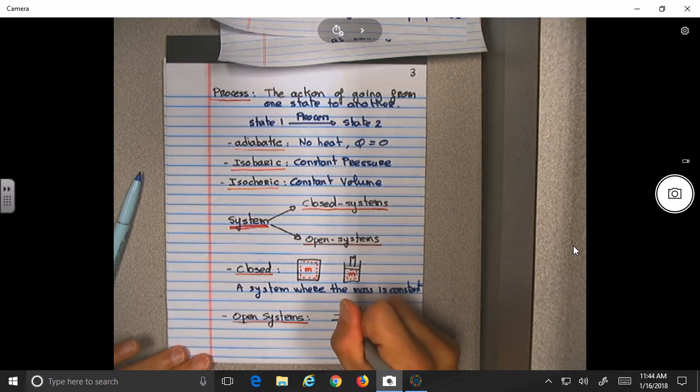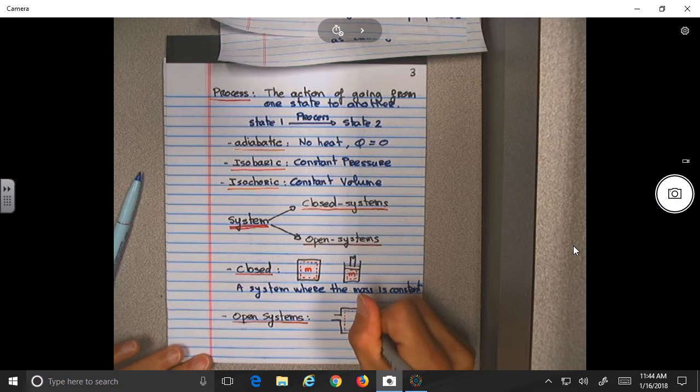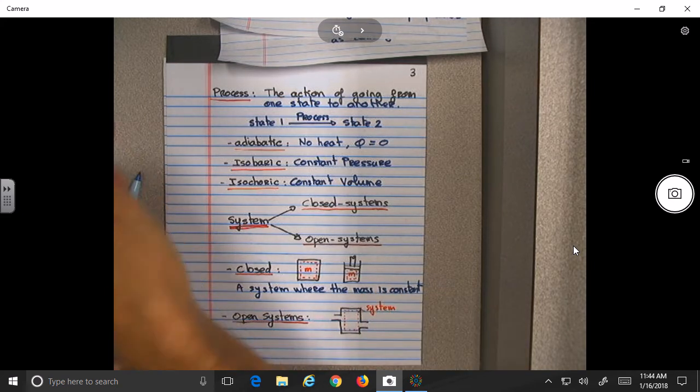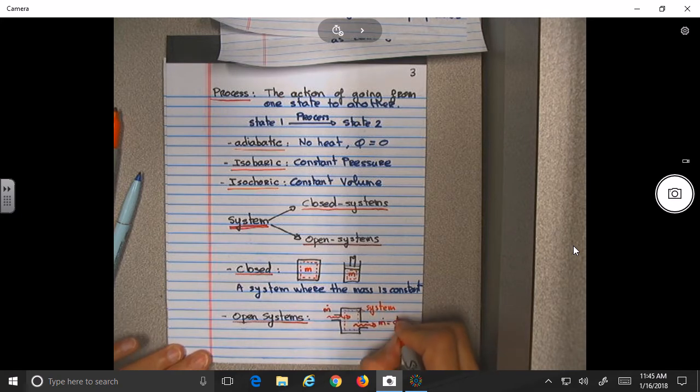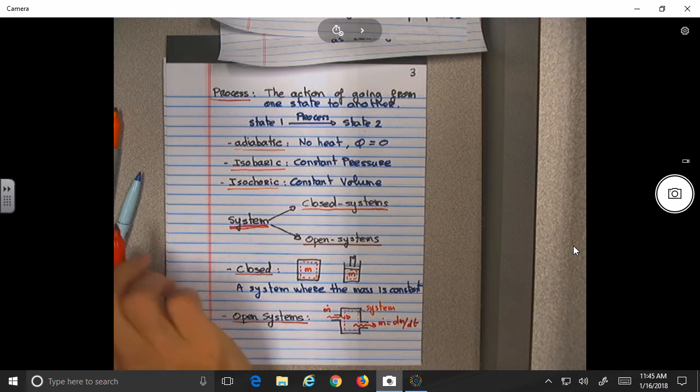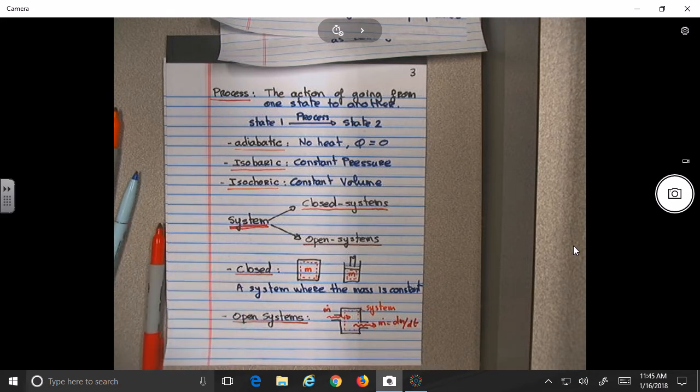So in here I do the system, and now what's going to happen is that you're going to have substance going in and substance going out within your system, no?